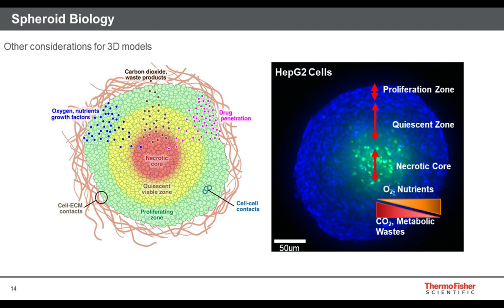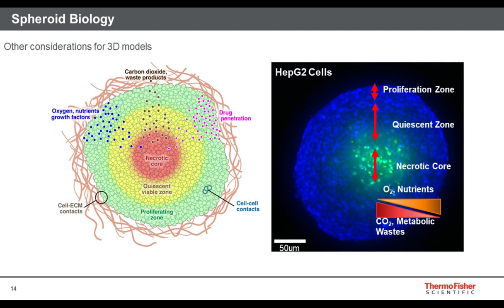This includes gradients of oxygen, nutrients and growth factors that are in the cell culture media. And so in a 3D cell culture model, the cells on the outside of your spheroid or your organoid see the highest concentrations of these things.